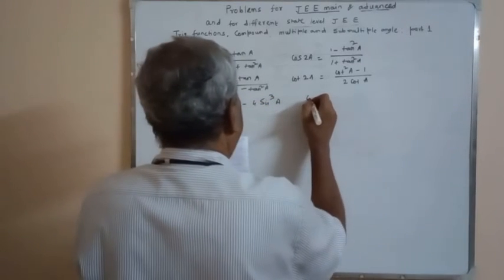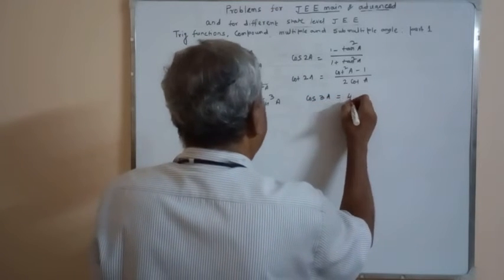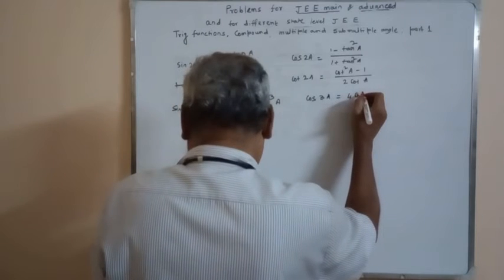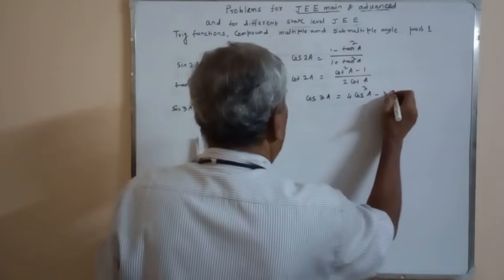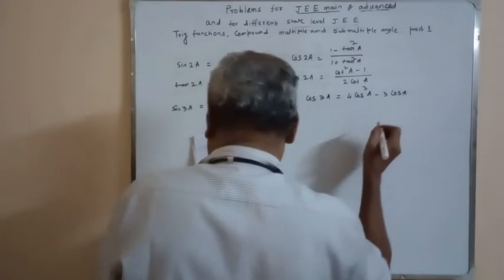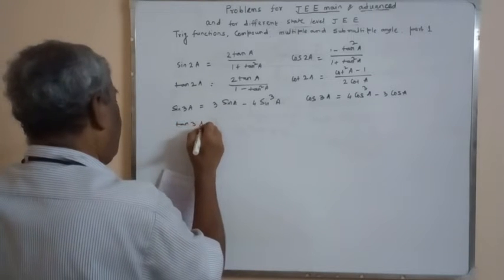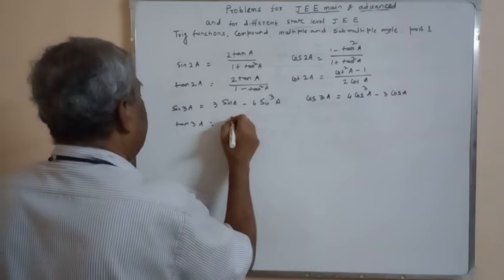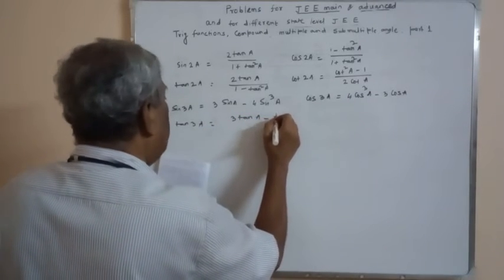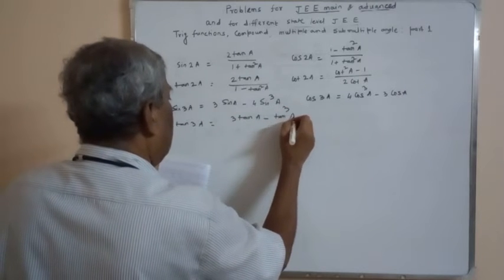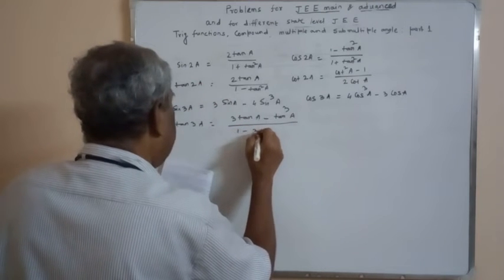Cos 3a is 4 cos cube a minus 3 cos a. Tan 3a is 3 tan a minus tan cube a by 1 minus 3 tan square a.